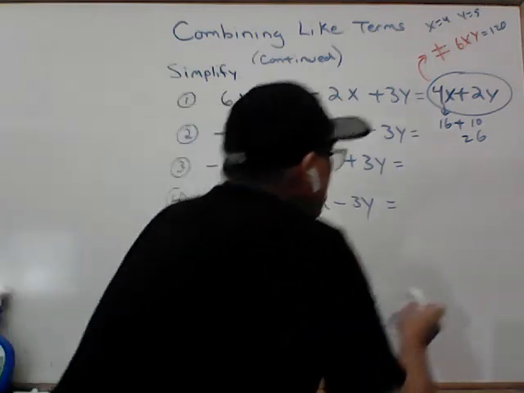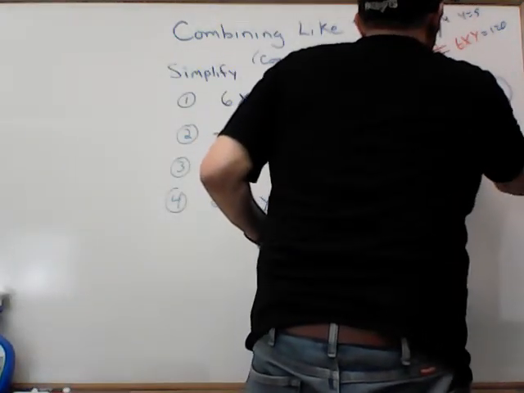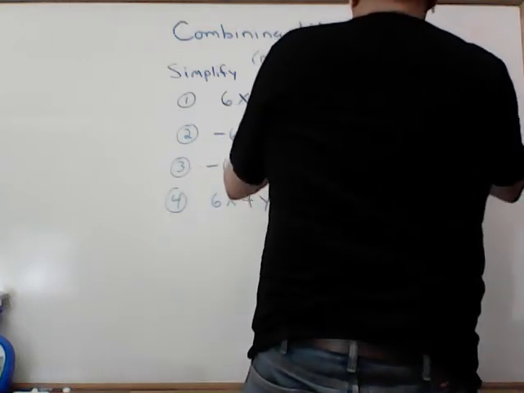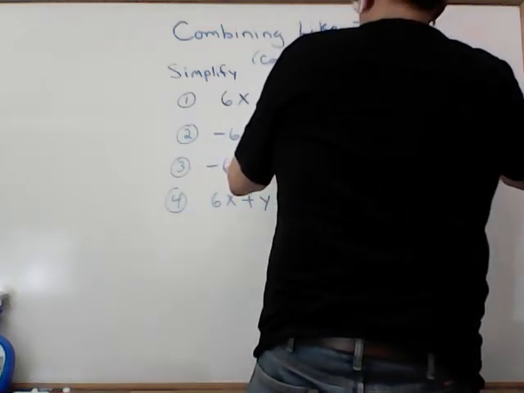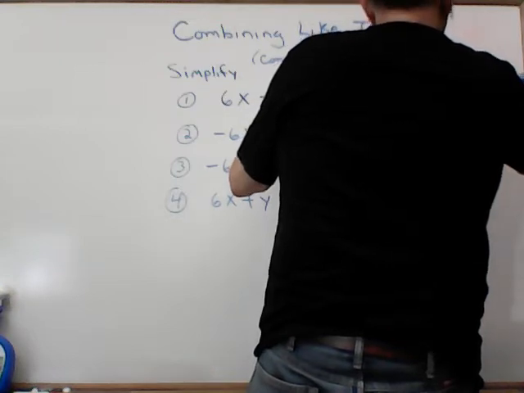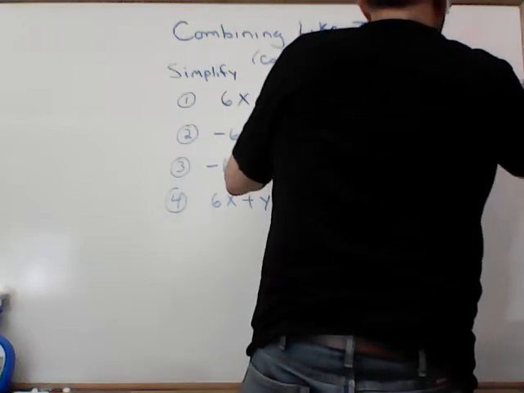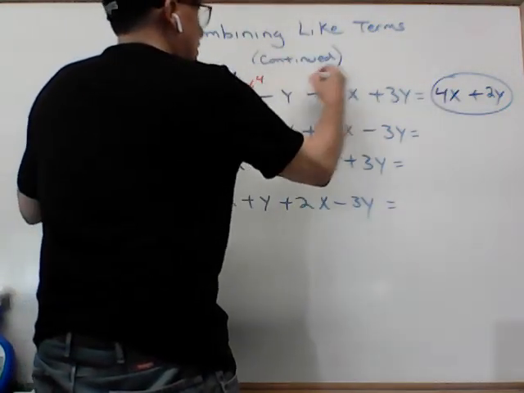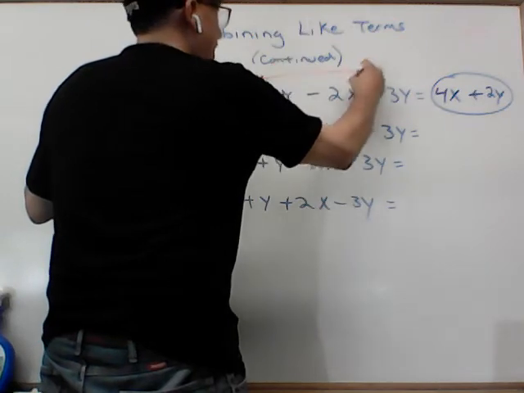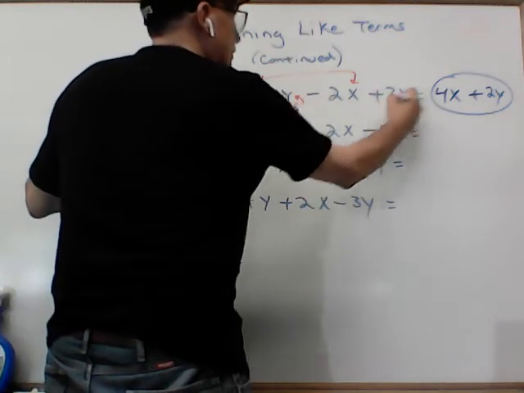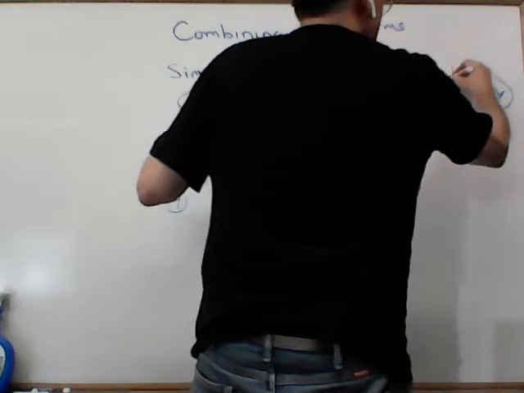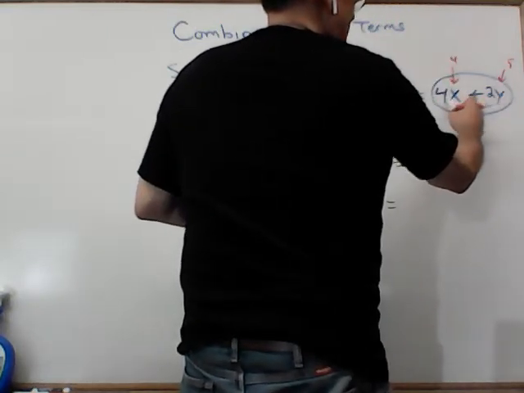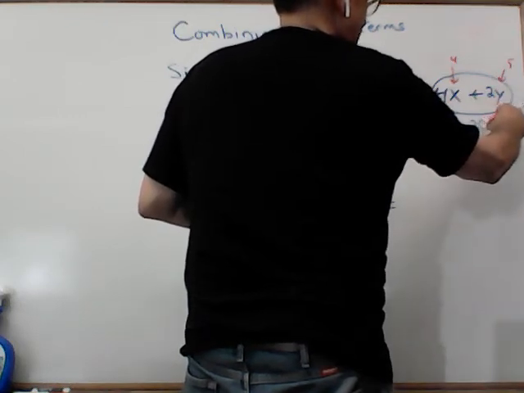So let's quickly go through the other three, as soon as we realize that, again, I kind of did this sort of backwards. That's 4x plus 2y. Let's take the same: x is 4, y is 5. When we did this before, we got what? 16 plus 10, 26.